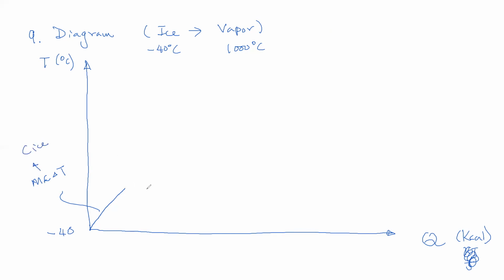And then we're going to have heat of fusion. This one here is going to be 0 degrees C right there. So this is going to be heat of fusion.